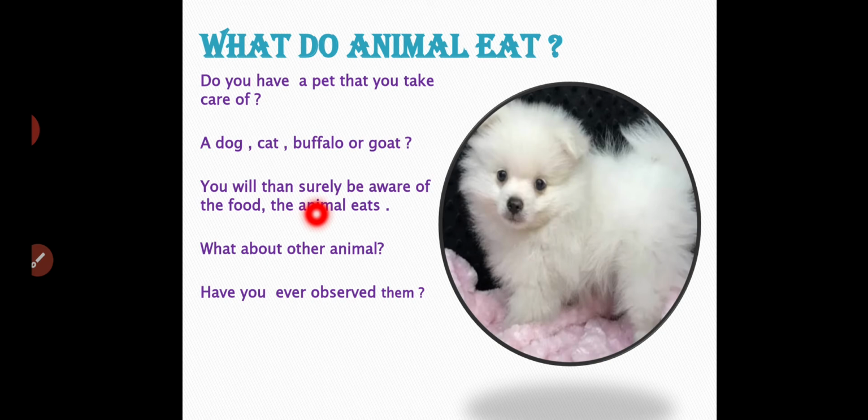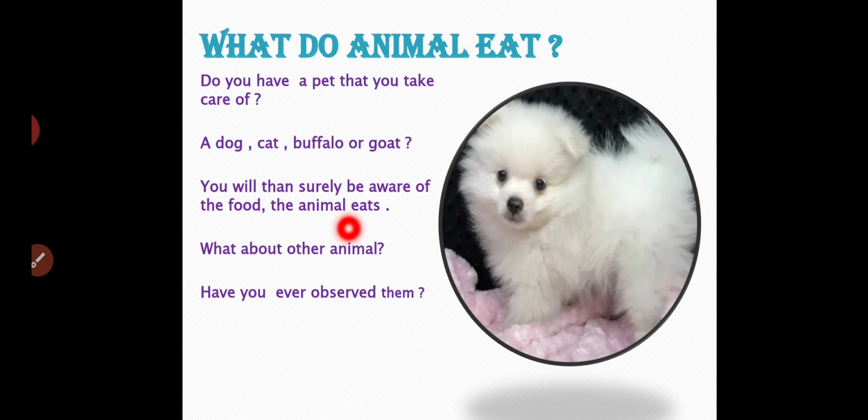Sometimes you give non-veg pieces, they eat that also. Sometimes you give milk, that also they eat. If you take cow and buffalo, they are eating grass, right? Lions and tigers eat other animals. And if I take your example, what are you eating? Only grass? No. We are eating roti, chapati, egg, fish, right?